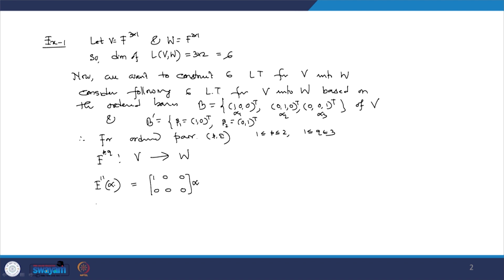And E12 from V to W I am defining as alpha goes to something like the matrix with rows 0 1 0 and 0 0 0 into alpha.